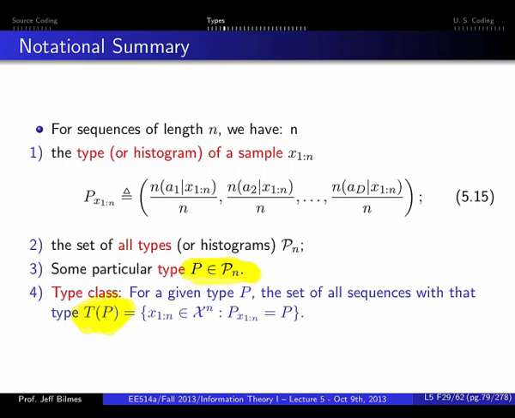No. Because by very definition, script P of n are all of the types that could occur for sequences of length n. So if we choose any of the types that could occur for sequences of length n, and we look at the type class, those are all of the sequences that do occur with that type. So while it's well defined to put an irrational number in here, in general, if we take types out of this set, it's not going to be irrational.